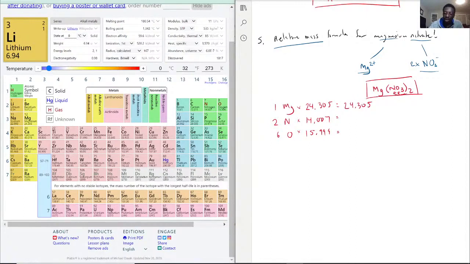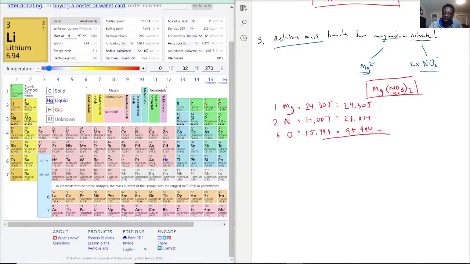So when you multiply these, we still get 24.305, okay? And then for nitrogen, 2 times 14.007 is 28.014. And then when we do oxygen, it will be, whoops, not 63, it will be 95.994.